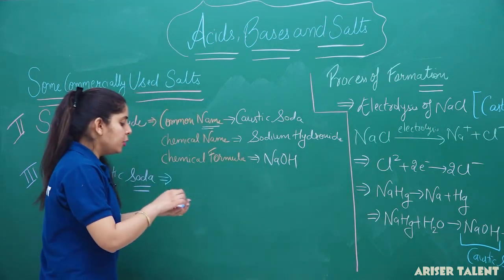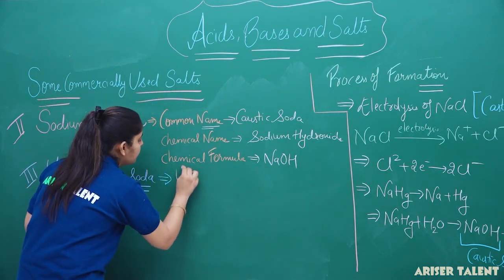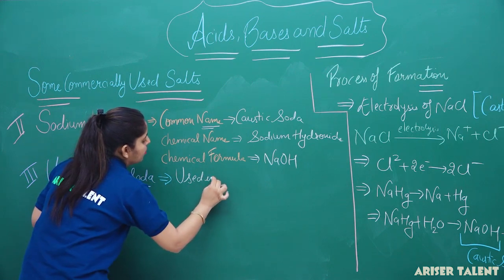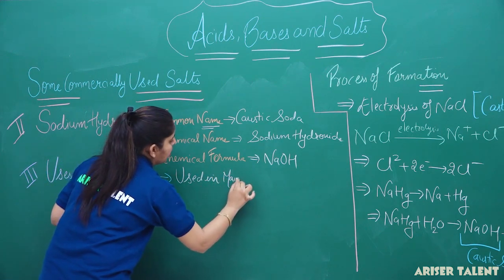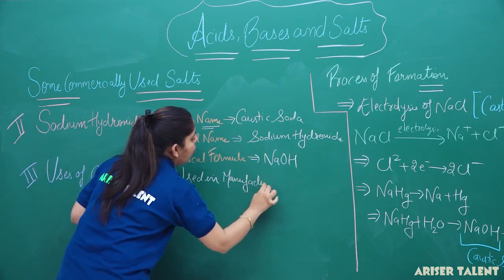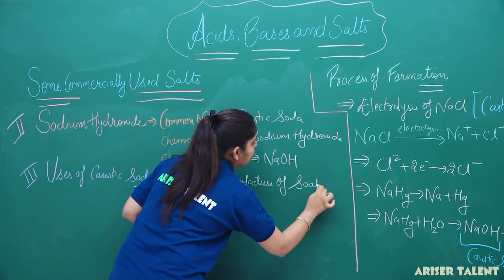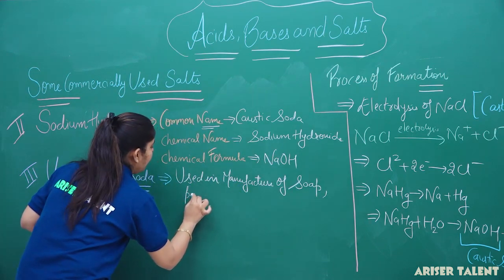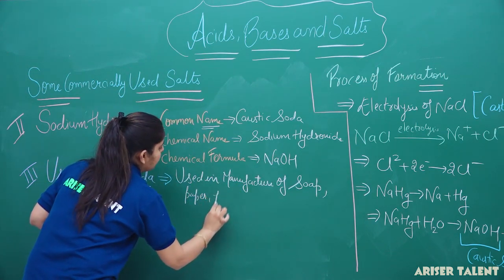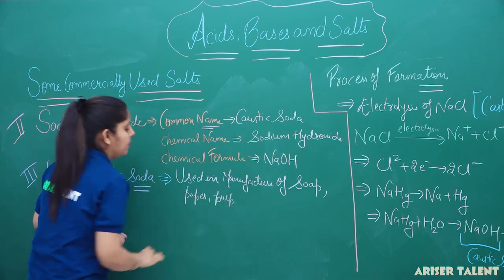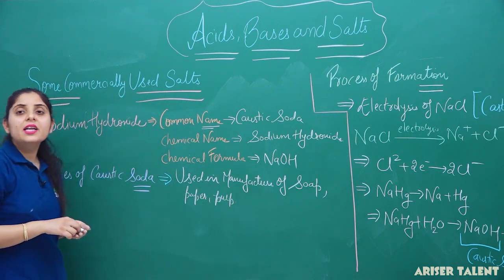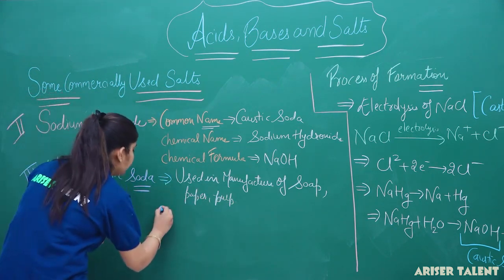So it is first used in the manufacturing of soap, paper and pulp. Now, its second use will be in the textile industry.